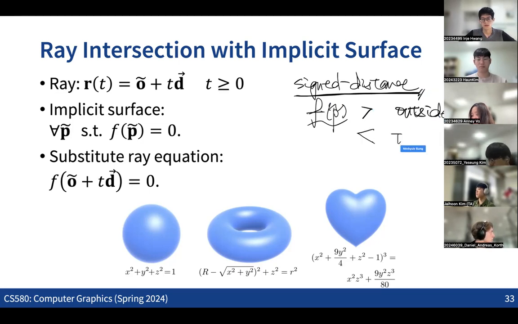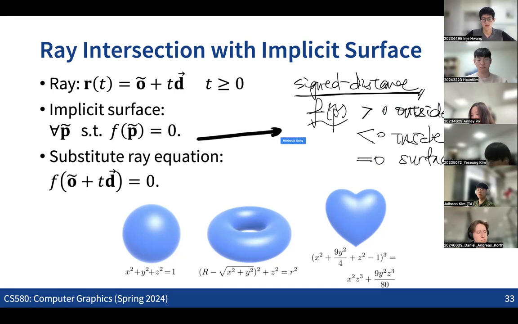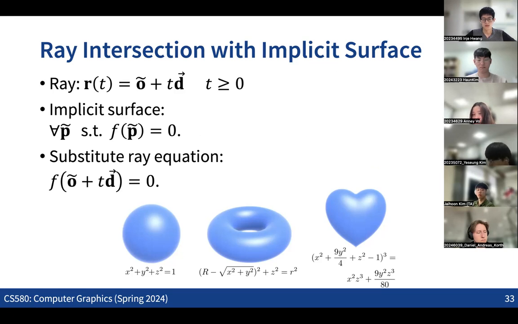Negative means that the point is inside. And if the value is 0, then the point is exactly on the surface, right? So this is the signed distance function representation for 3D objects. And if we have this signed distance function, what would be an efficient way of marching the ray over this space? Any ideas?